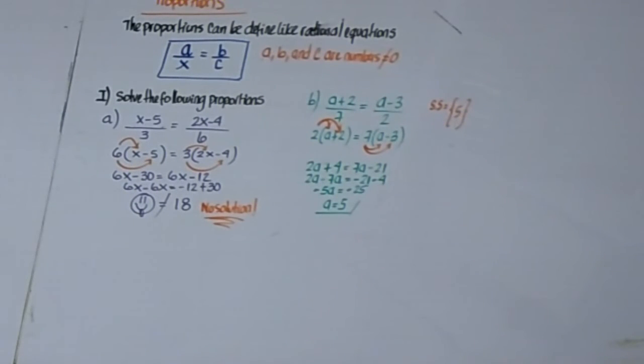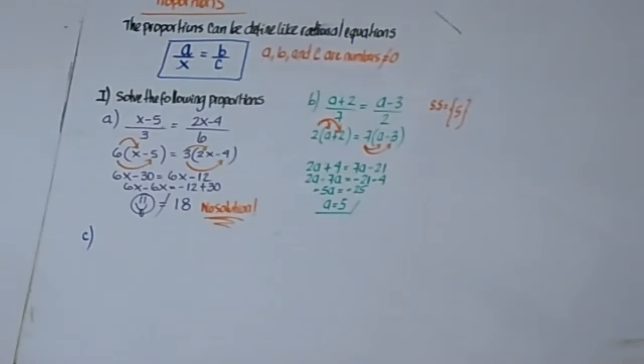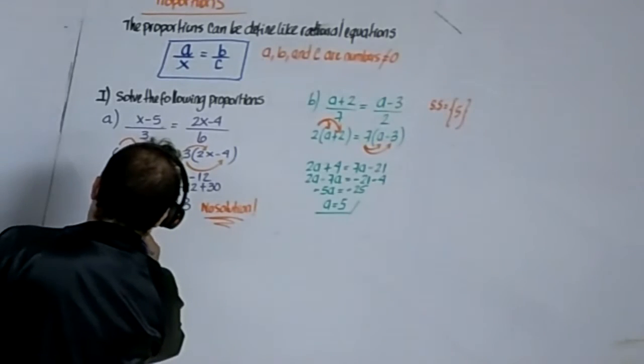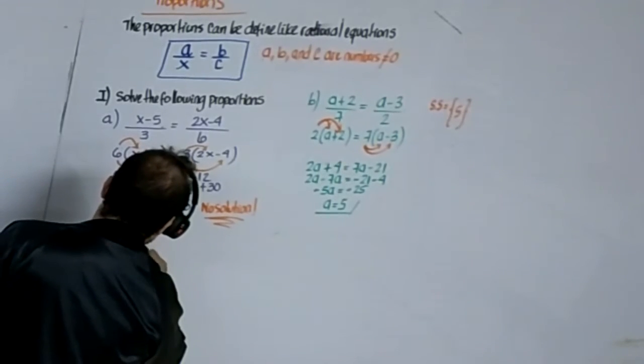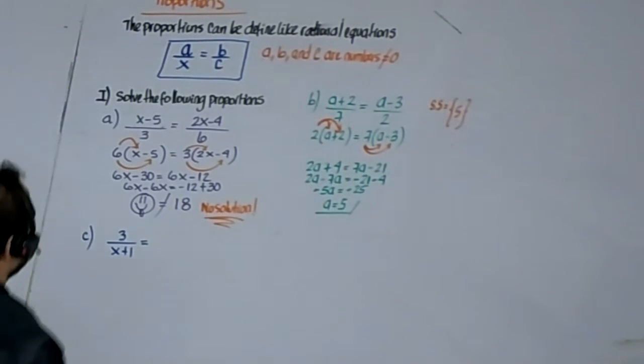This is going to be the letter C. In the letter C, we have the same proportion, for example: 3 over x plus 1 equals 2 over x minus 2.